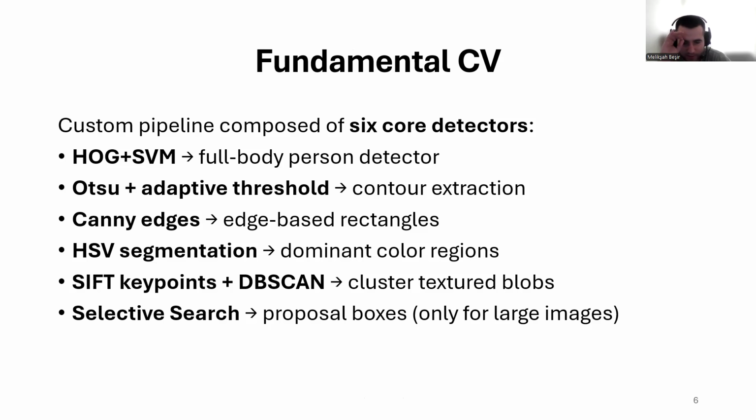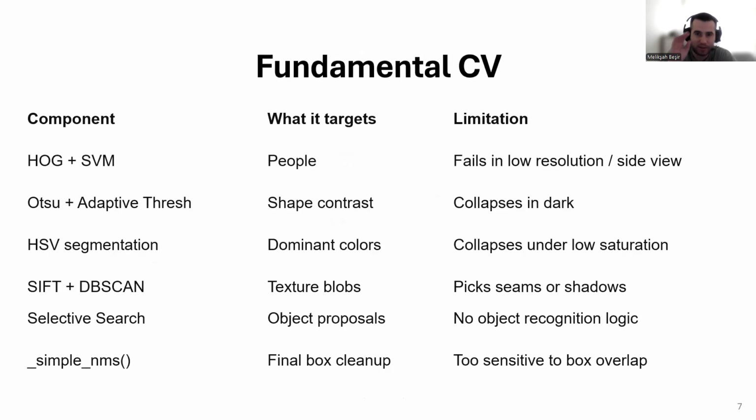Each component targets different visual cues, but as we will see, they each have critical failure modes. Like HOG and SVM fail in low resolution, adaptive thresholding collapses in the dark, HSV segmentation collapses under low saturation, etc.